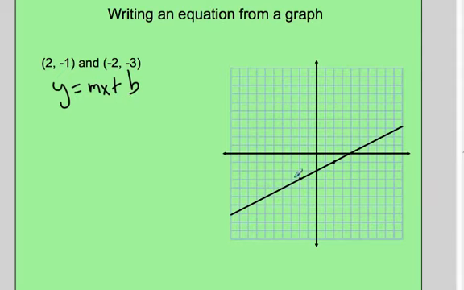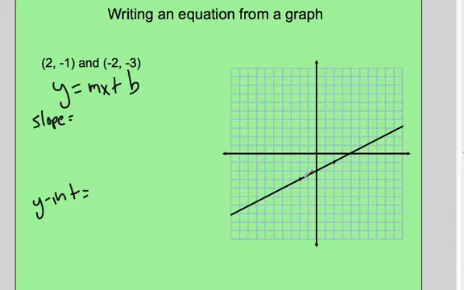So if we're given a graph and we can figure out what our slope is and what our y-intercept is, then we can write an equation for it. And so that's our job here, to try to find our slope and y-intercept given 2 coordinate points. And you should be taking notes on this. You're going to have 4 of these 4 quadrant graphs. We're going to go through 4 sets of coordinate points for tonight's homework.